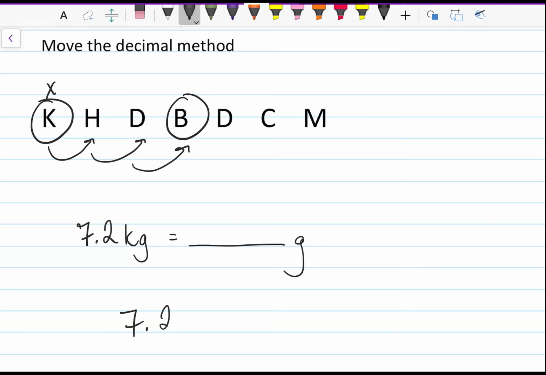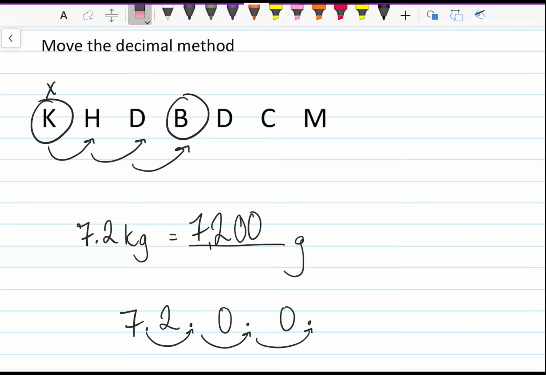So if we have 7.2, we're going to move it once, twice, 3 times. And these blank spots here, this is where we add the 0. So we'll add a 0 and 0. 7, 2, 0, 0, and our decimal point would be right there, but of course we're not going to leave a decimal point hanging. So our answer, 7.2 kilograms, equals 7,200 grams.